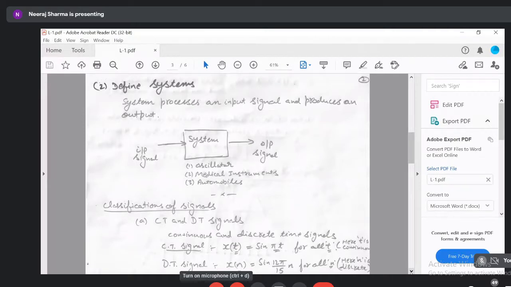So an ECG machine acts as a biological as well as an electrical system. If you have a DNA analyzer, then that DNA analyzer is again a combination of a biological system and an electrical system, right? So in this way, you can classify the systems as mechanical, electrical, biological systems.